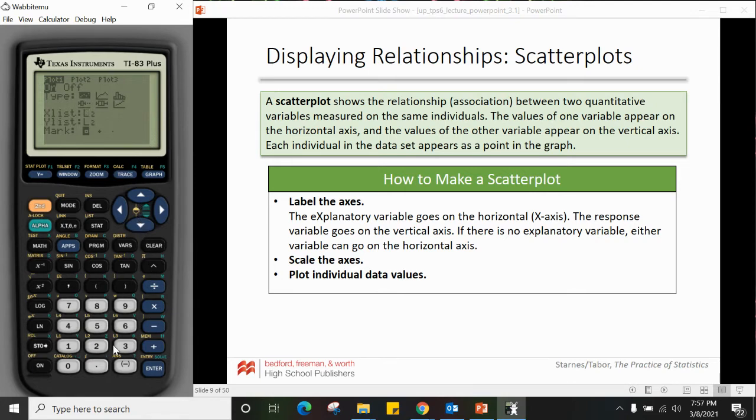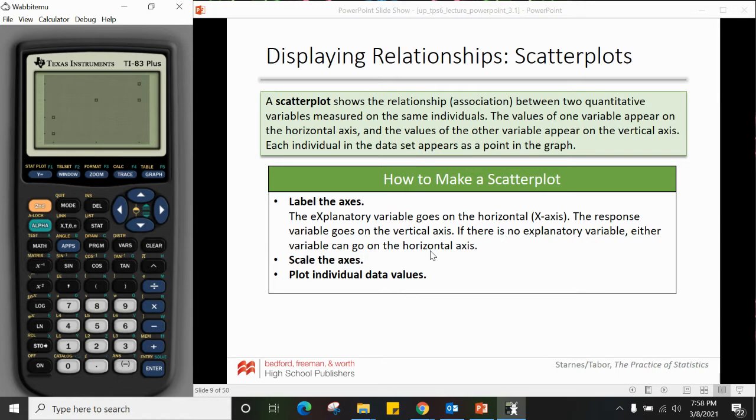So you can see it there, and then you're going to want L1. Let's say our L1 was our exploratory, and our L2 was our response variable. I'm going to zoom in. I'm going to go zoom stat. And now this is not going to be a very good scatter plot, but press enter, and you can see my exploratory is on the bottom, my response is on the y, and each point is one of the data points that I have.